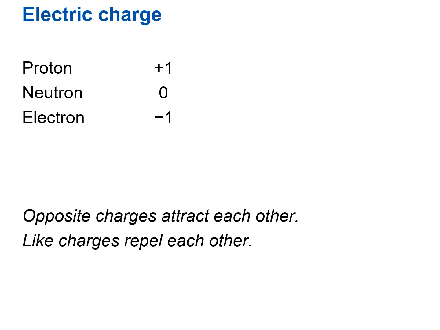An important concept when understanding electric charge and how electric charges work together is this. Opposite charges attract each other, and like charges repel each other. When I say opposite, I mean positive and negative. Like charges would be 2 positives or 2 negatives.